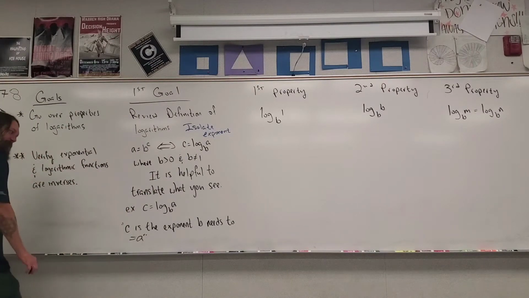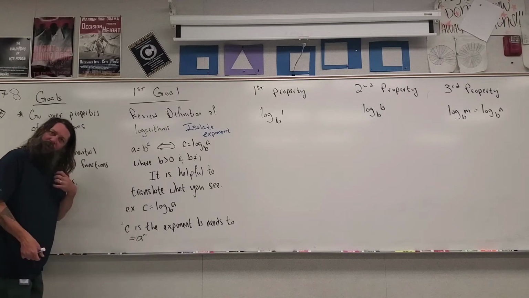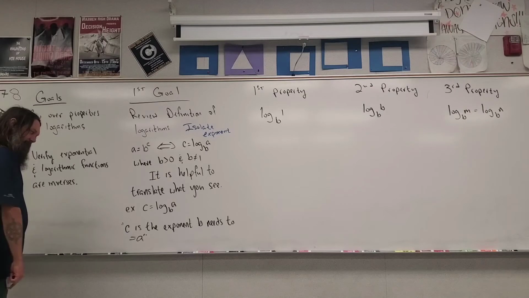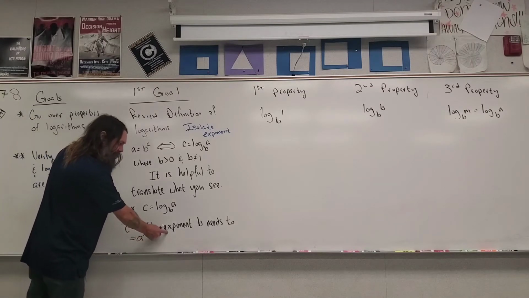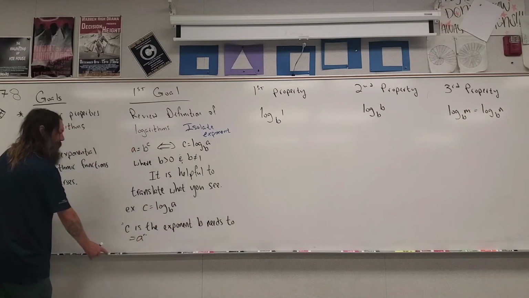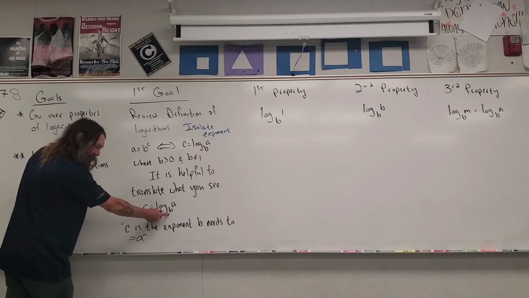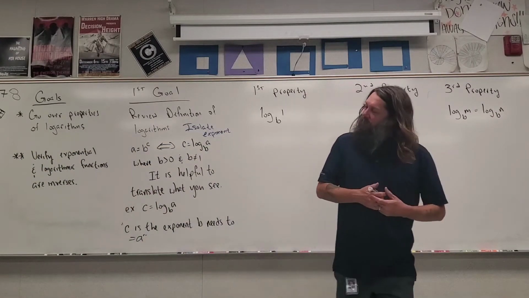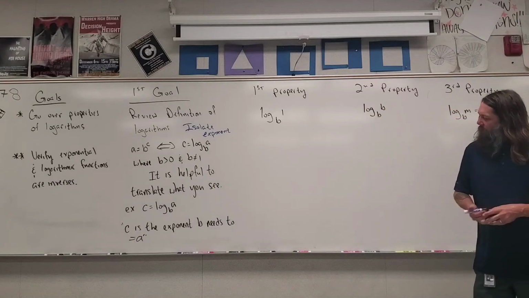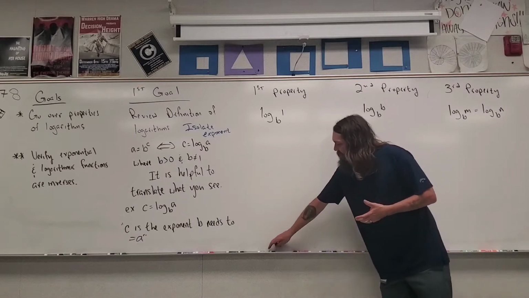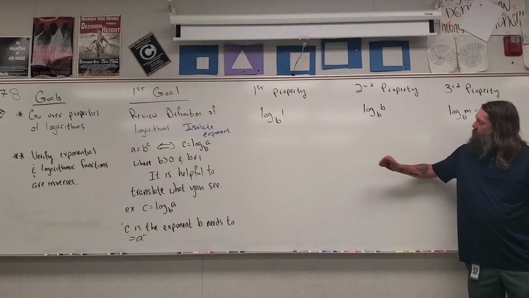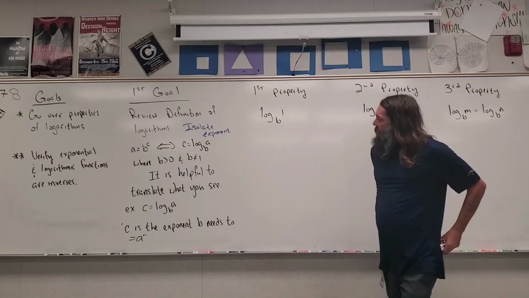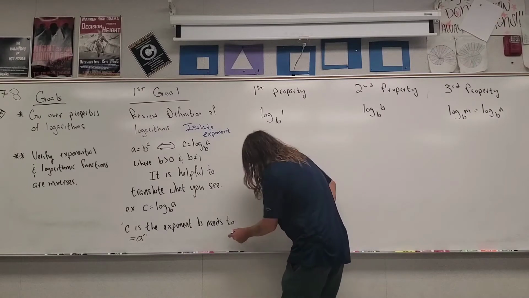But if I translate it into what it's doing and I say it like that to myself, it means more. c is the exponent b needs to equal a. And when I say it like that, it has more meaning to me. And so that's what I want to take as an approach into these properties and investigate and hopefully understand what they mean. All right, so let's move on to our first property.